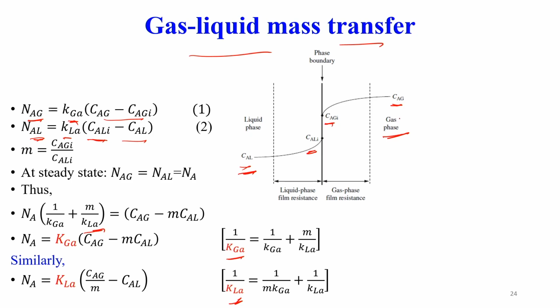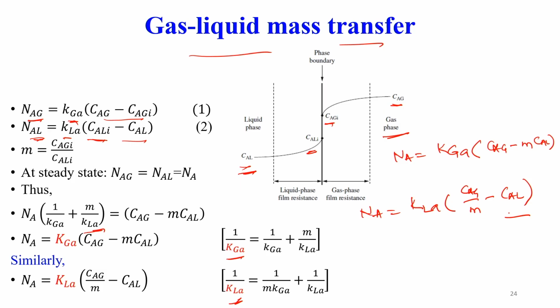If you consider this, the final equation will be Na equals capital KGA into CAG minus m into CAL, and for the liquid phase the equation will be Na equals capital KLA into CAG upon m minus CAL, similar to the expression we discussed for liquid mass transfer.